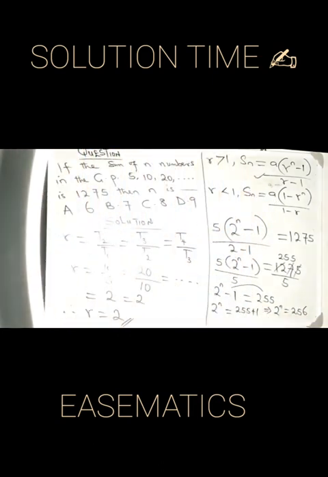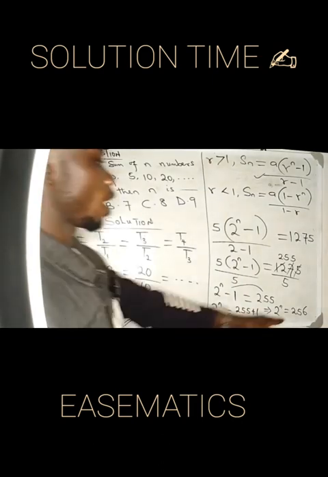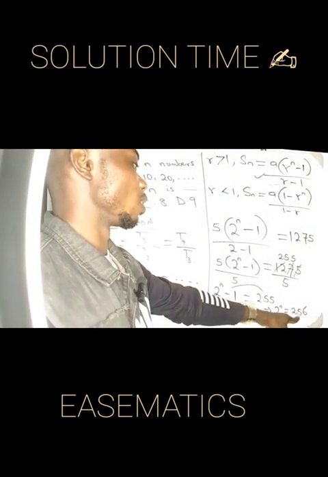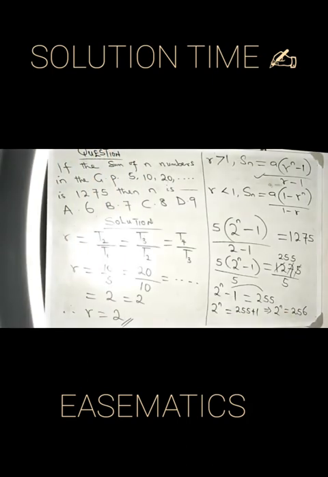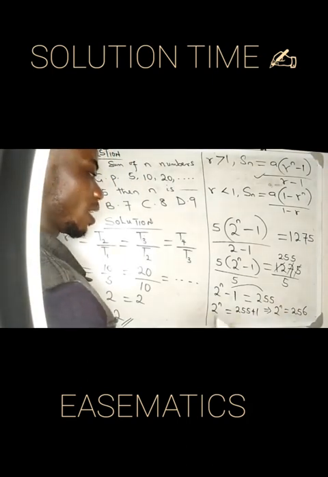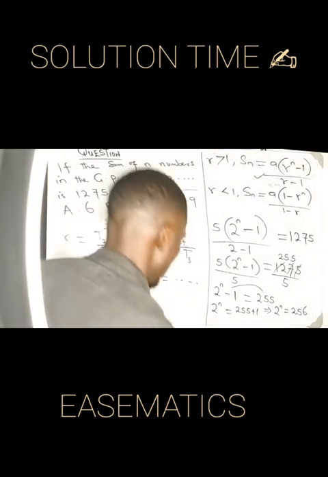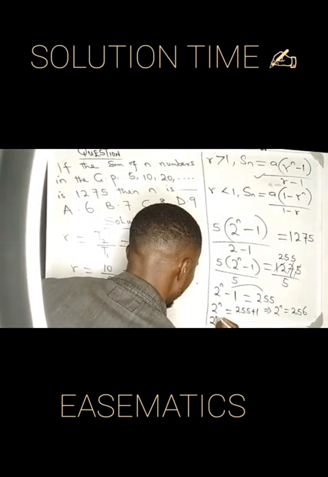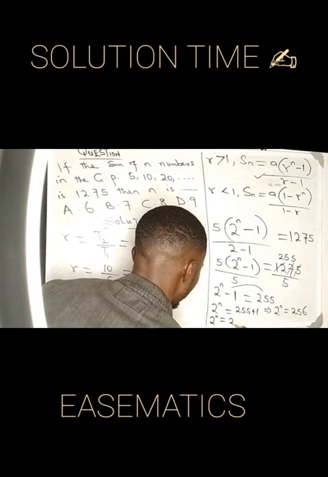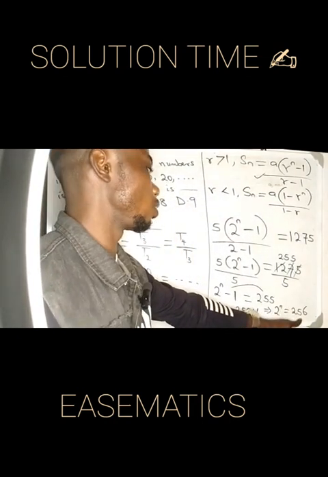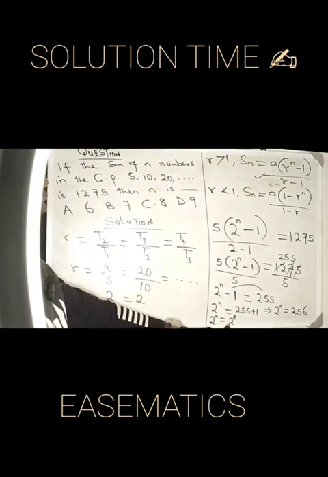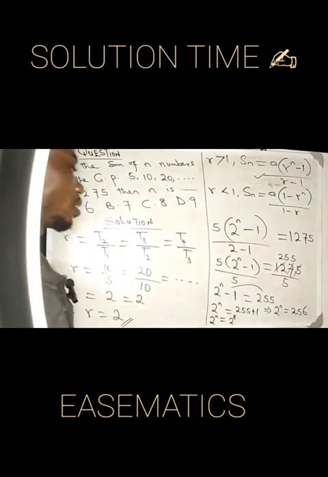This implies that 2 to the power of n is equal to 256. How many times is 2 going to multiply itself to give us 256? That is 8 times. So 2 to the power of n is equal to 2 to the power of 8, since 256 is the same thing as 2 to the power of 8.